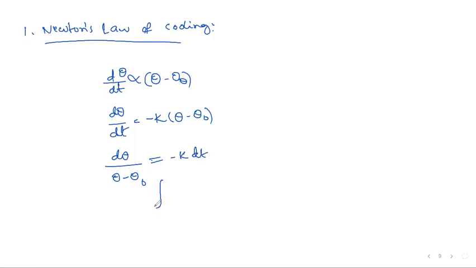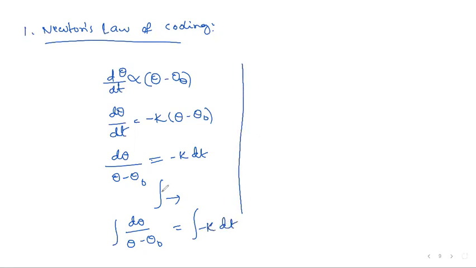Apply integration on both sides. The integration of d theta by theta minus theta naught is equal to the integration of minus k dt. So log of theta minus theta naught is equal to minus kt.